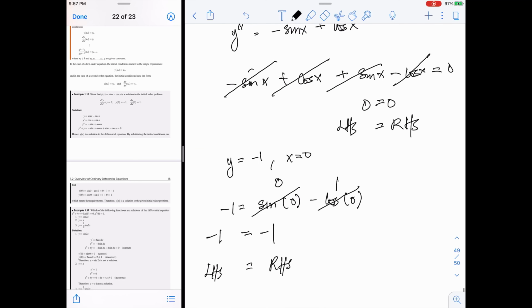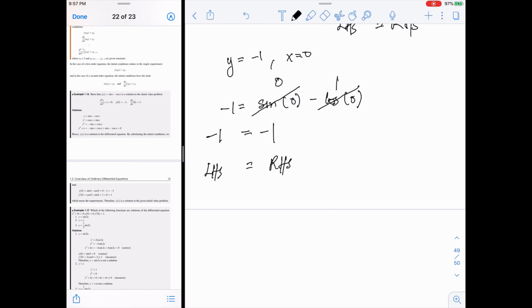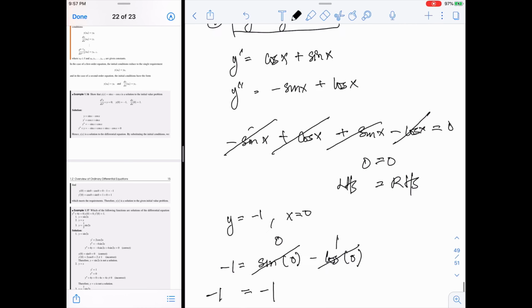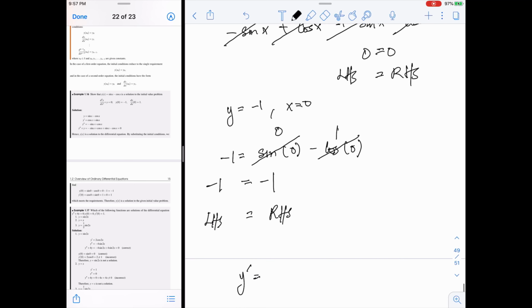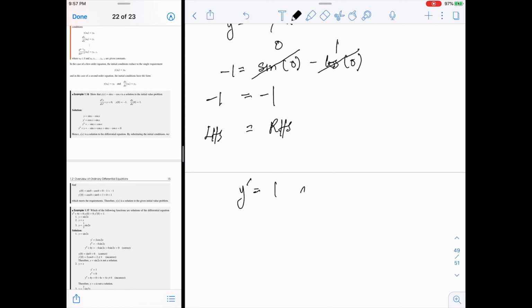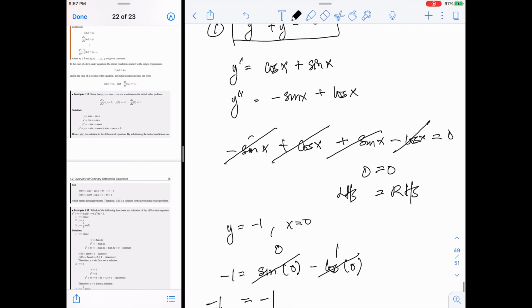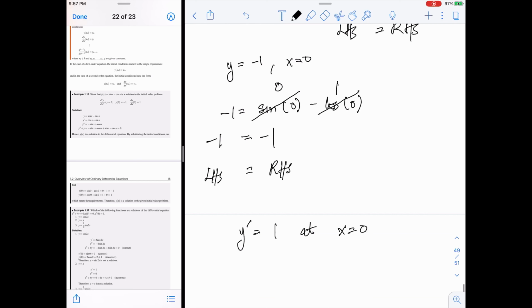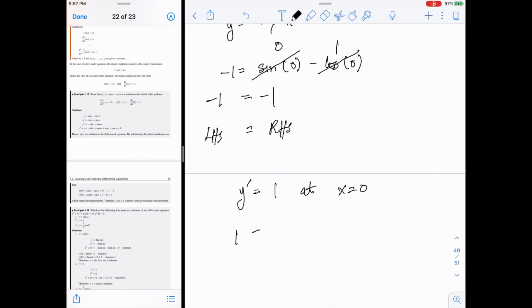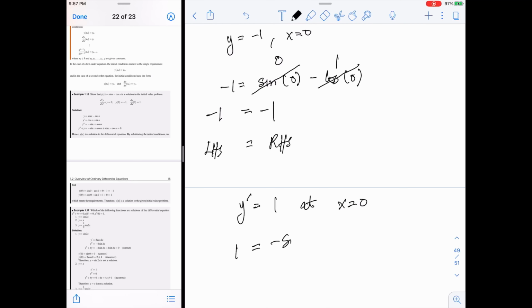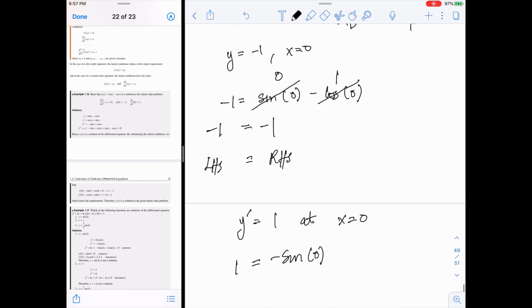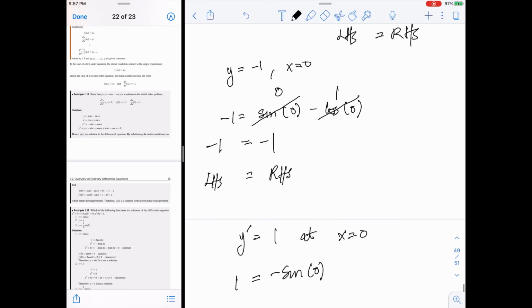Okay, now let's do it for the third one. The third one says that y prime equal to 1 at x equal to 0, so you need to substitute over here. Whether it's correct or not, y prime is equal to 1, and then we have the function negative sine x, where x is 0 now, and then we have a plus.